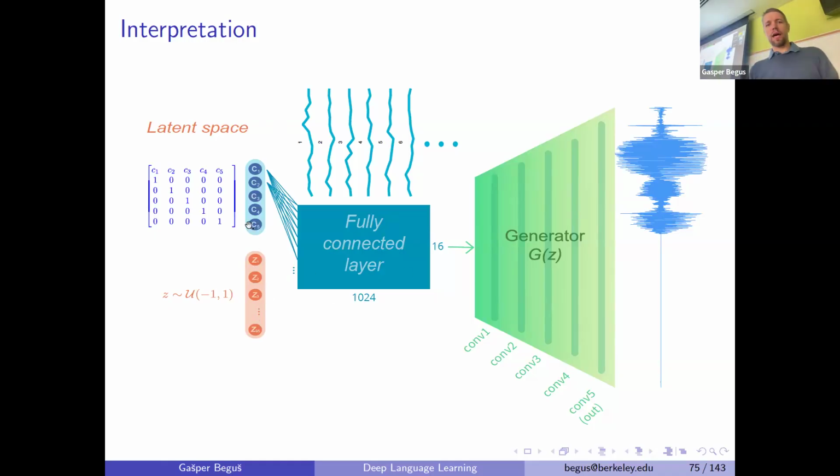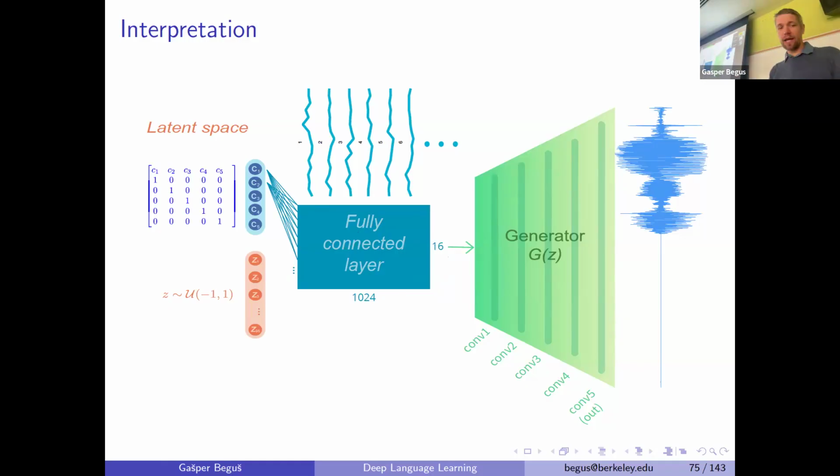And then the first thing that the model does is the so-called fully connected layer, FC layer, where each of these 100 variables is fully connected with each of the 1024 dimensions in the fully connected layer, which are basically tiny time series of data that have only 16 points.